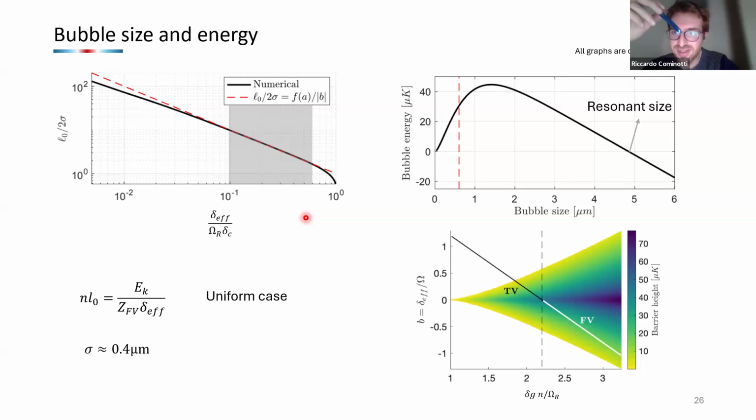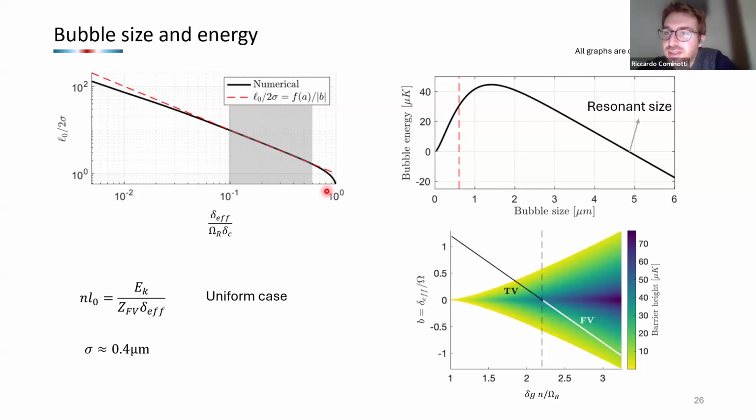We are not able to understand which is the largest bubble, or at least we don't have enough statistics to say that for small detuning a certain shape is the minimum shape. It's a measurement that we're trying to perform. Okay, thanks a lot.